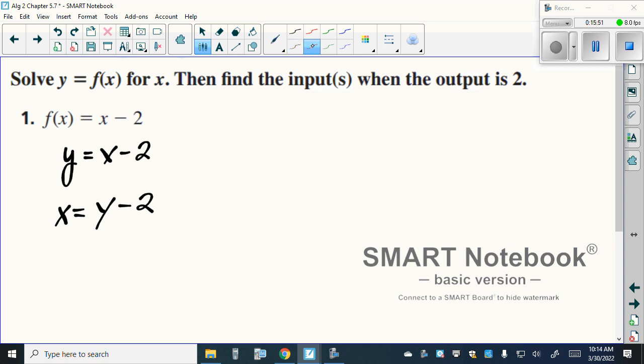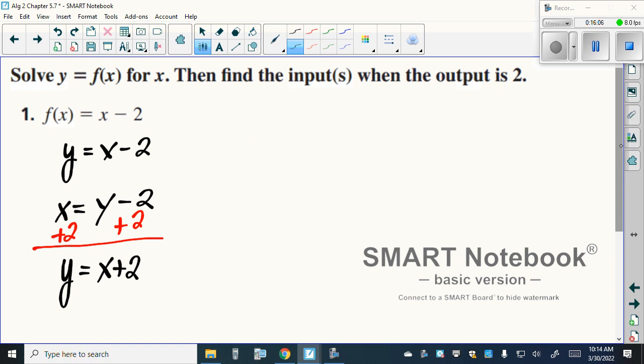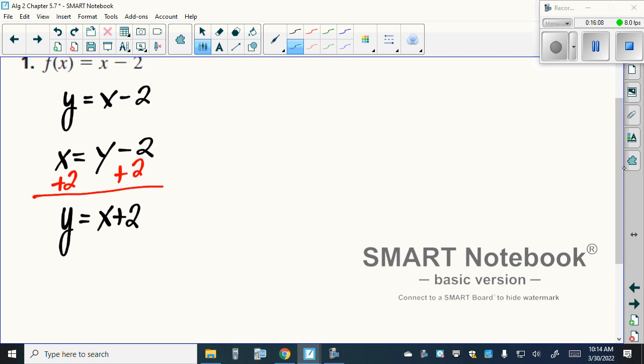Well, luckily for us here, we just need to add 2 to both sides, which tells us that y is equal to x plus 2. Or if we want to use the correct mathematical notation, we would say f inverse of x is equal to x plus 2.